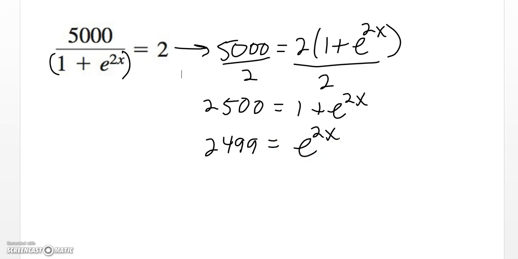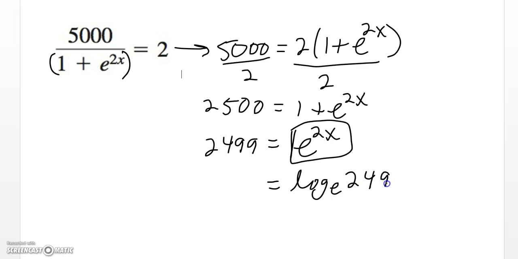And then here the e part is by itself. And then we switch it to logarithmic form. So log base e, and then the 2499 moves over, changes side of the equals, and then the 2x will come over here, and then we can divide both sides by 2.